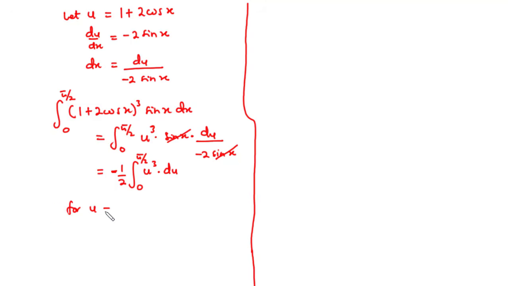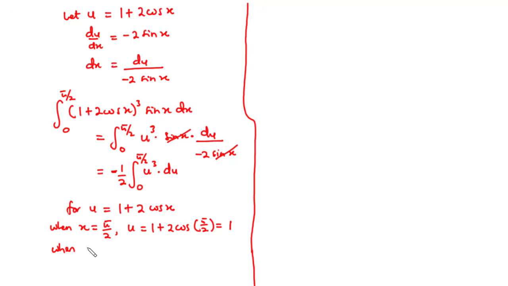For u equals 1 plus 2 cos x, when x is equal to pi on 2, u is equal to 1 plus 2 cos pi on 2. Now, cos pi on 2 is the same as cos 90, which is 0. 2 times 0 is 0, so 1 plus 0 is 1.